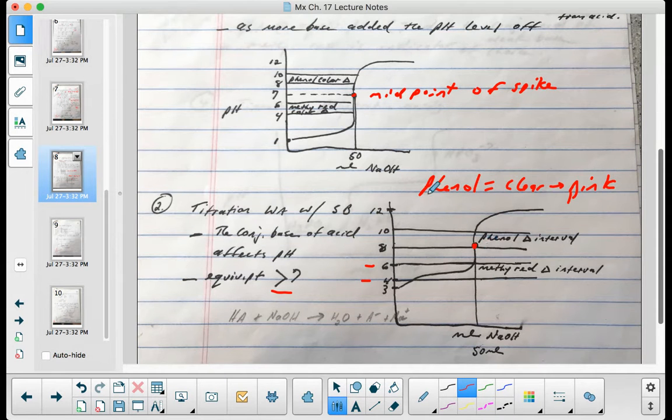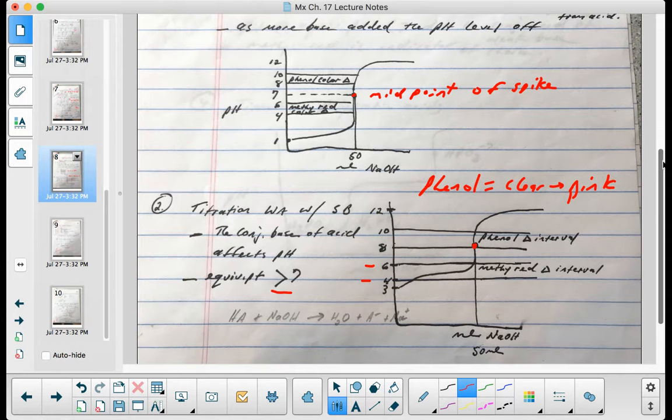So if I go back to the strong acid with the strong base, even though the midpoint is lower, that color change interval is still within the range of the spike. I could also use methyl red for this, to see when I've reached my equivalence point.